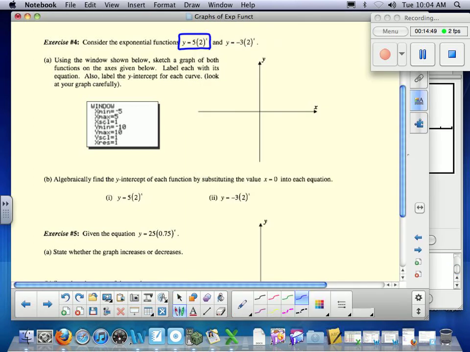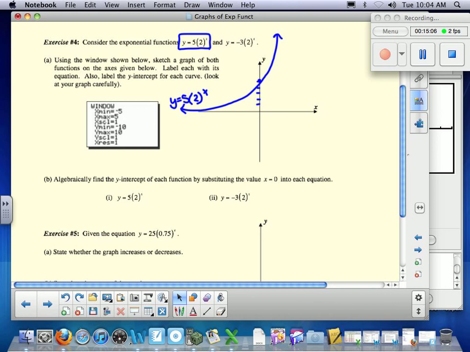So let me get my, so 1, 2, 3, 4, 5. So let's read the directions here. We're supposed to sketch the graph, okay, did that. Of both, well, we only did one. Label each with its equation, okay, and label the y-intercept.